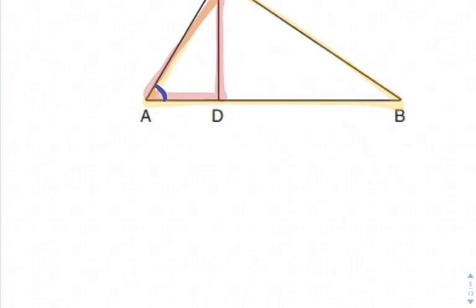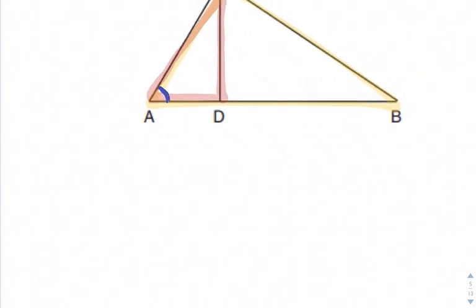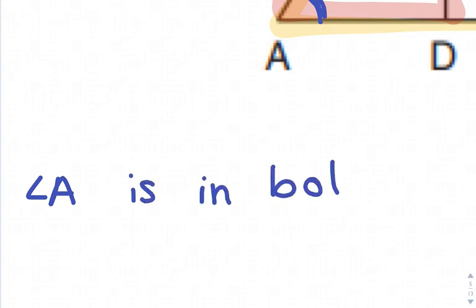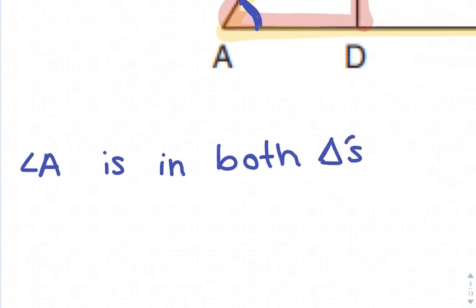So I'm going to write a sentence on angle A. So angle A is in both triangles. So it has to be equal to each other.